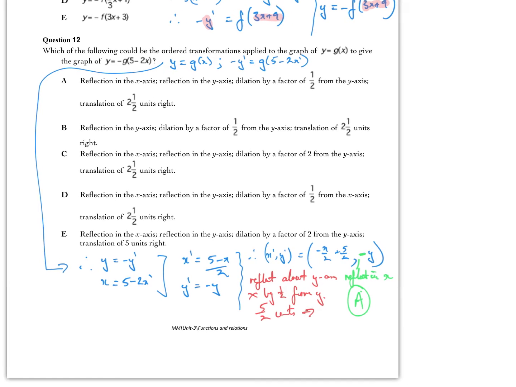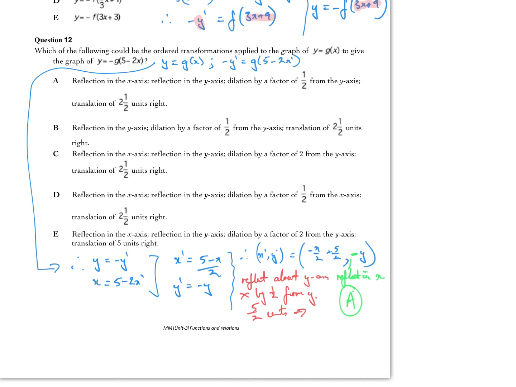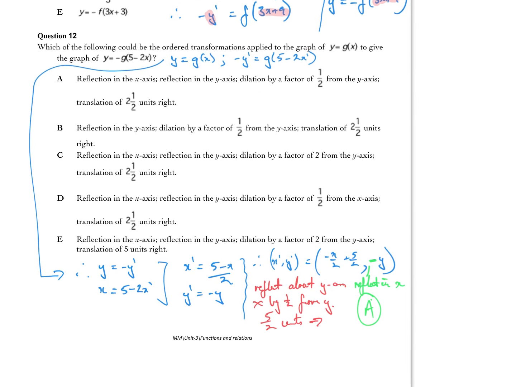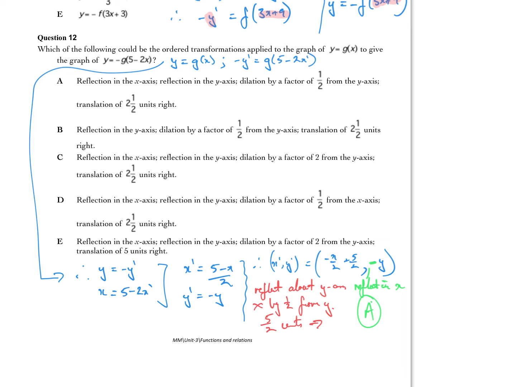Which of the following could be the order of transformations applied to the graph of g of x to give the rule? So how do I turn g of x into -g(5 minus 2x)? An alternative way, before I go on to mine, if I tidy up that y equals, I could have y equals -g, -2 comes out the front, (x minus 5 on 2), I reckon.